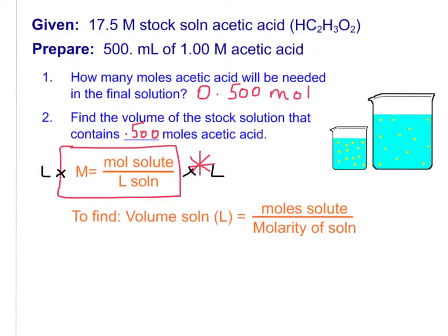We get rid of liters of solution here. And then if we divide both sides by the molarity, these end up canceling out, right? And I know this is really hard to read, but we get moles of solute divided by the molarity is equal to our volume.